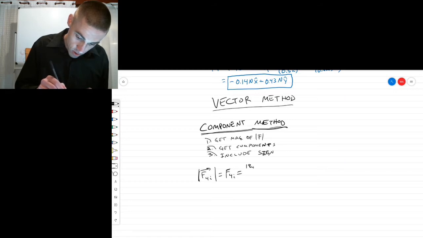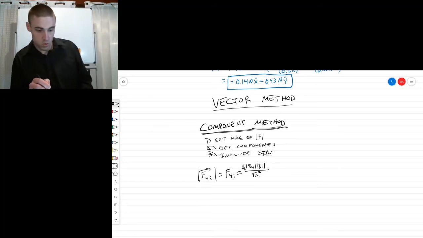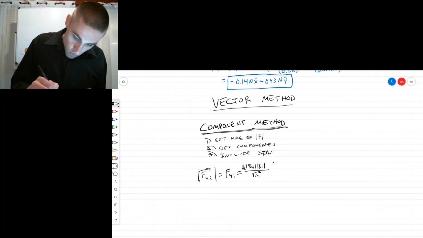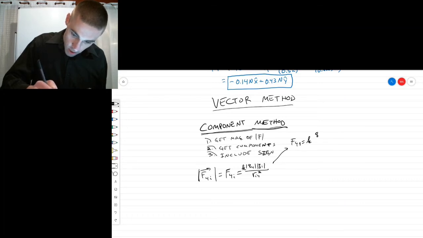So this is just magnitude of Q4 times magnitude Qi divided by r 4i squared. Right, there's the factor of the Coulomb constant there. So let's get that for each individual one. Okay, so F41 then is k Q4 Q1 over r41 squared.